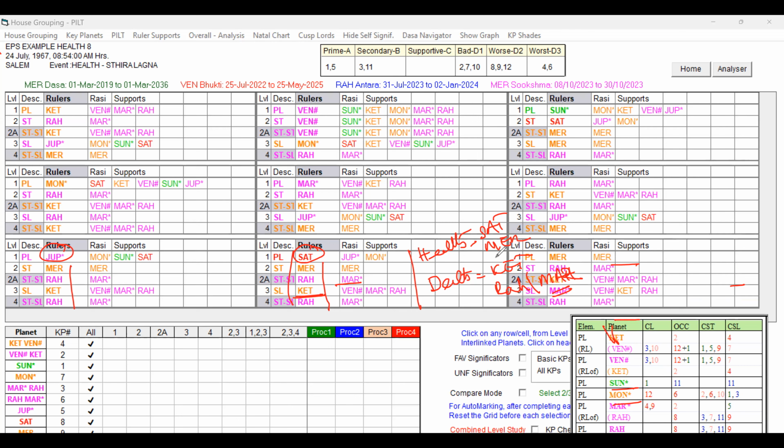Especially they should play in the star level, right? Ketu, Rahu, no. Venus, no. And Sun is Lagna sublord. Lagna Lord in the star of Saturn, Ketu. Yes. During this period, under the Saturn Dasa, health will get deteriorated.